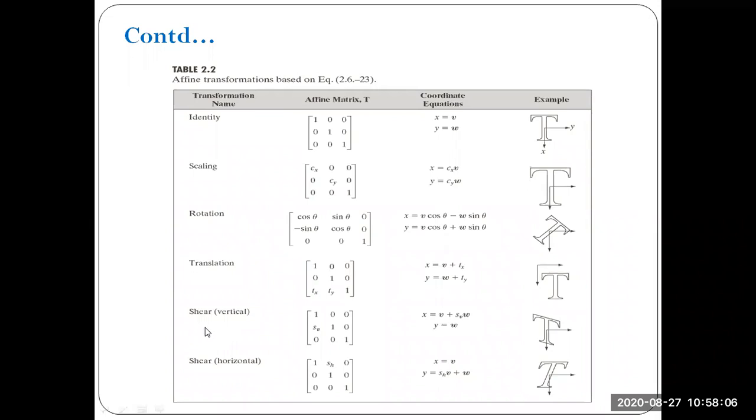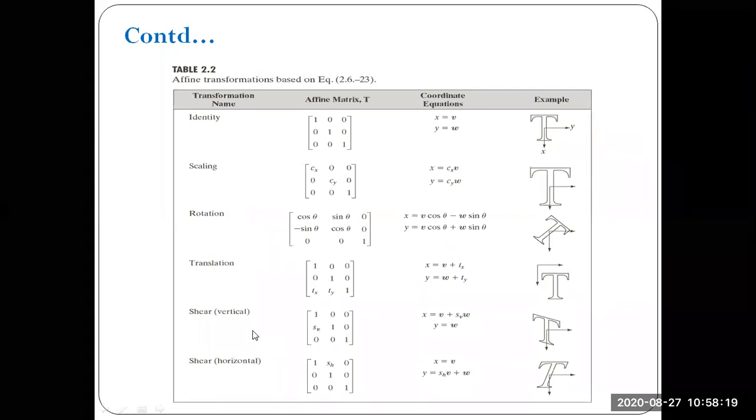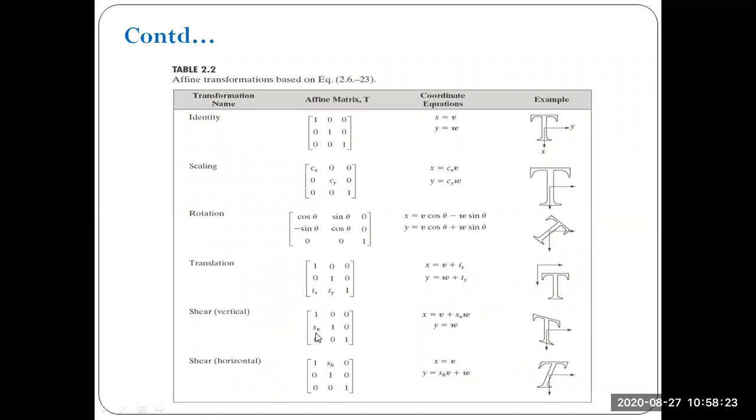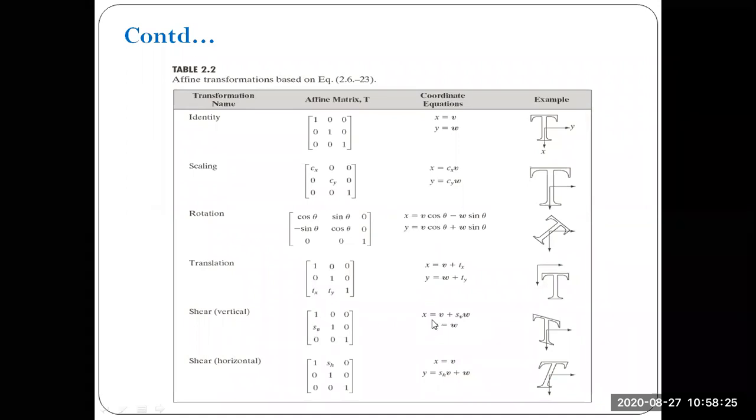Next, shear. Shear means vertical or horizontal. You want to shear the image vertically or horizontally, that means you are shifting the image vertically or horizontally. In the vertical case, there is S suffix V, and the coordinate equations will be modified like this.